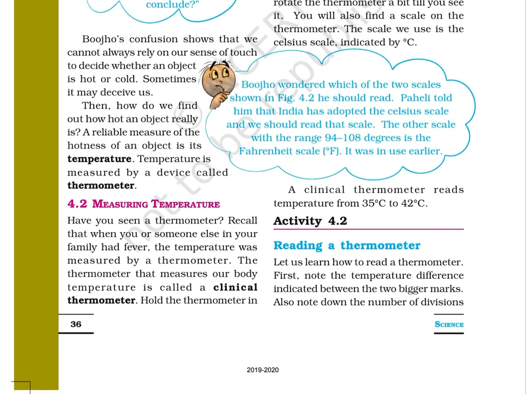4.2. Measuring temperature. Have you seen a thermometer? Recall that when you or someone else in your family had fever, the temperature was measured by a thermometer. The thermometer that measures our body temperature is called a clinical thermometer.